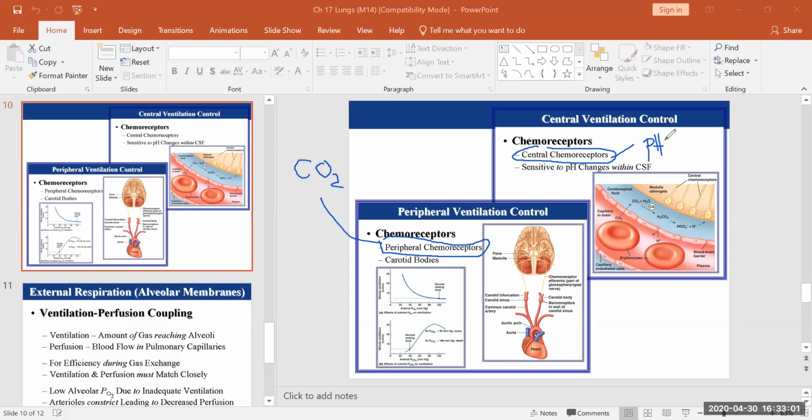The reason why they're sensitive to pH is because pH changes are deadly. If you acidify, in the body the pH homeostatic level is really narrow, tightly regulated from 7.35 to 7.45. If you go below 7.35, you have acidosis.